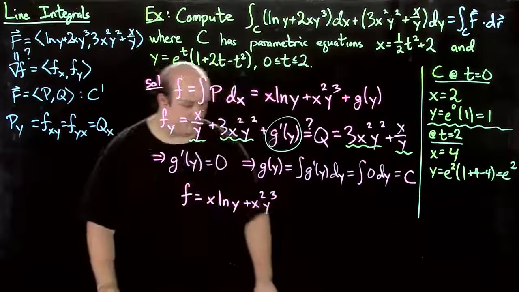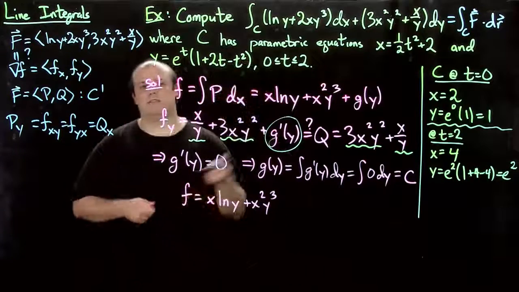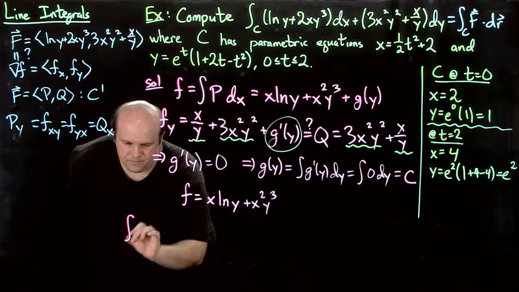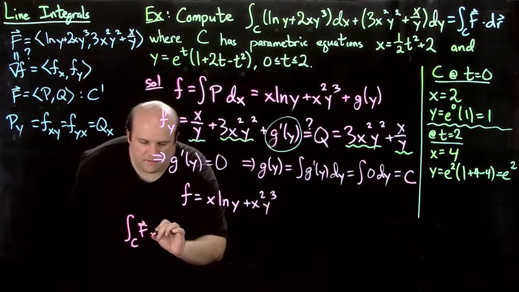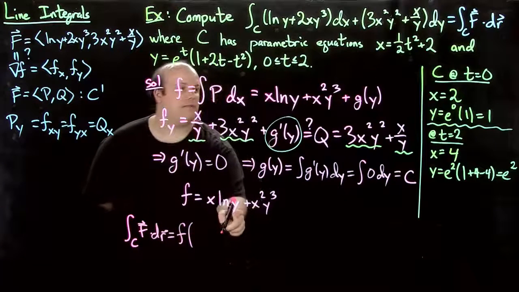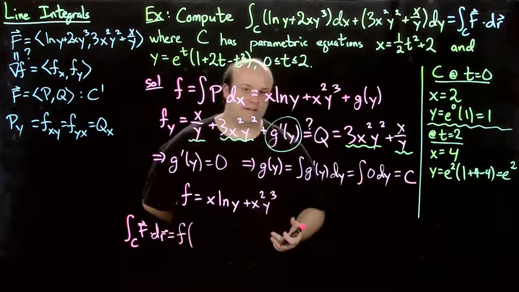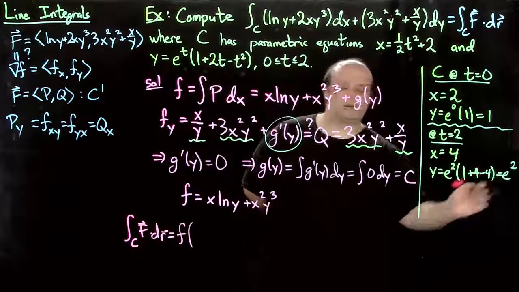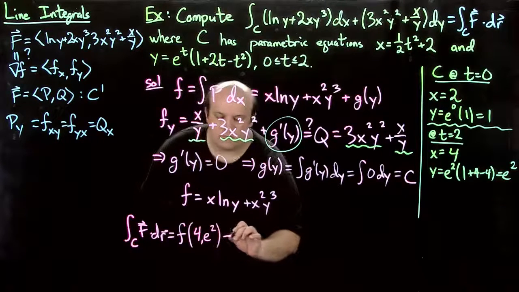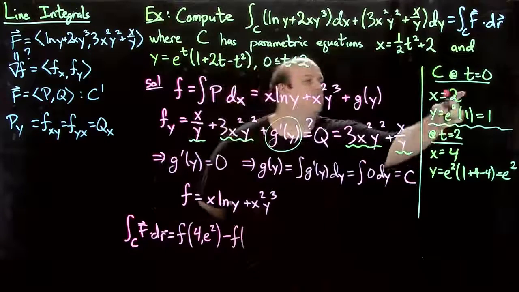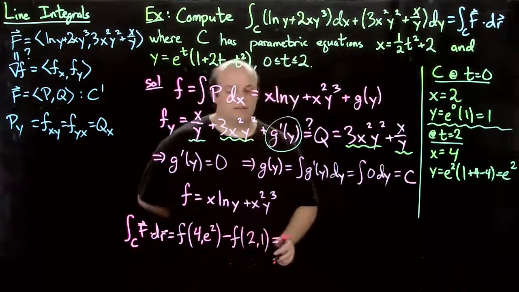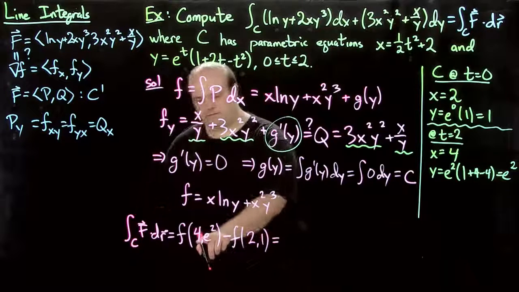So that means when we finally finish up this integral here, so that line integral of f dr is going to be this new f we found at the end point, so that's 4 comma e squared, minus f at the start point, which was 2 comma 1. Right? So now we just have to plug all that stuff in.